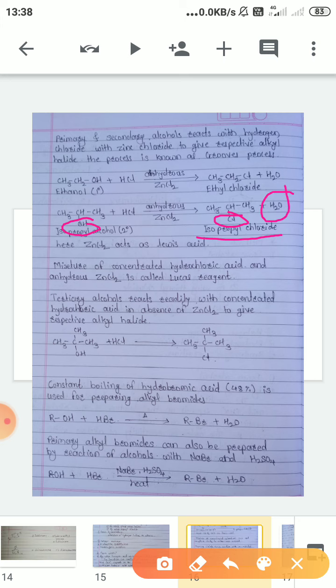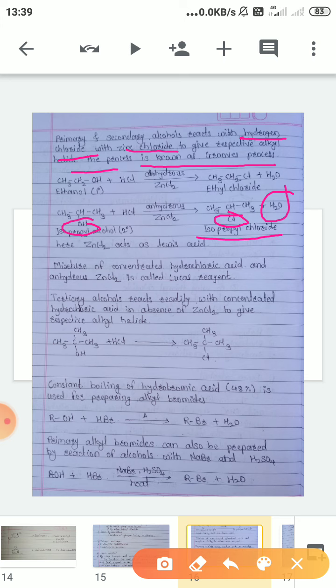Now what we have to remember here: primary and secondary alcohols react with hydrogen chloride and zinc chloride to give the respective alkyl halides, and this process is known as Groves process.